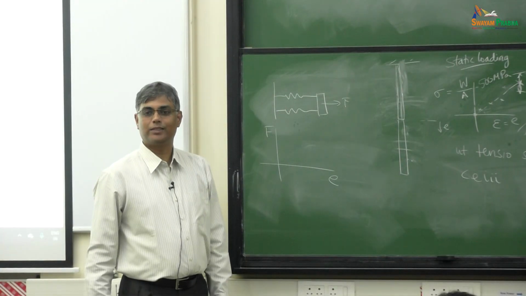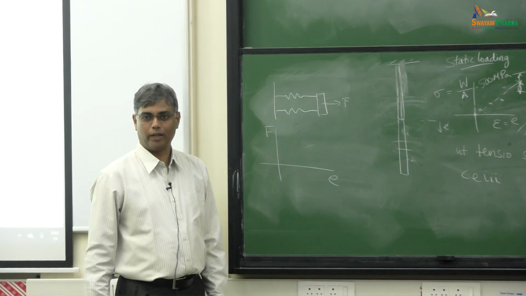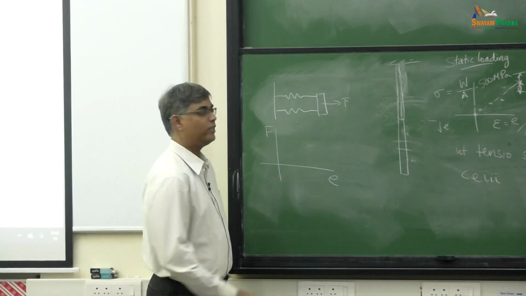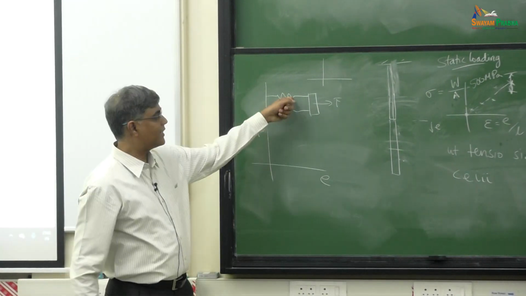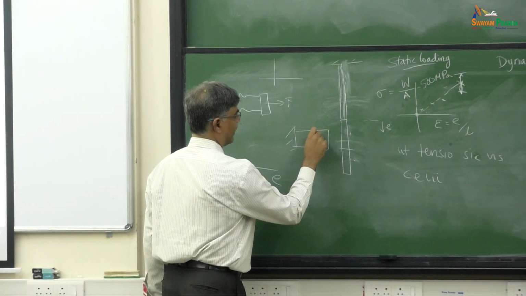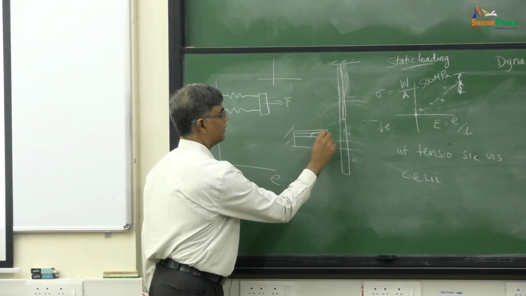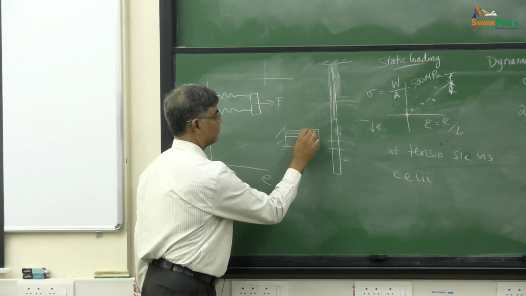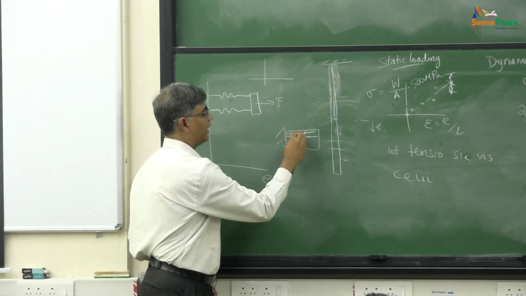For this two spring model, each of these springs has, so this spring is one which has a crack in it. You remember I said there's a crack here. So this entire region I'm modeling as one spring.